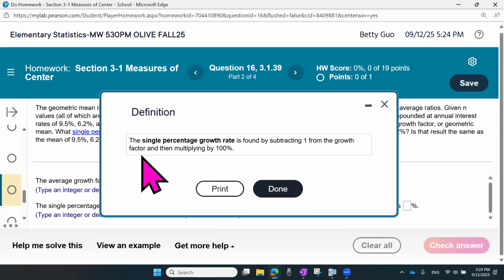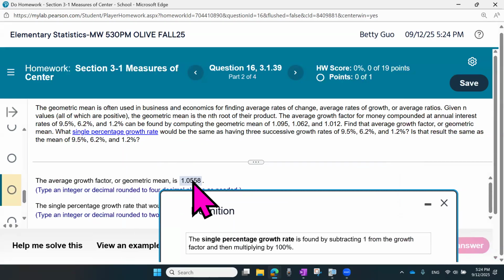The growth factor we just found in part 1, right? Subtract 1 from that number, then we don't have a 1 in front of the decimal anymore. We have 0.0558. And then multiply that result by 100%, so change it to a percentage. So it's going to be 5.58%.